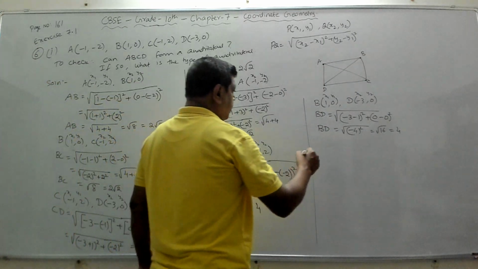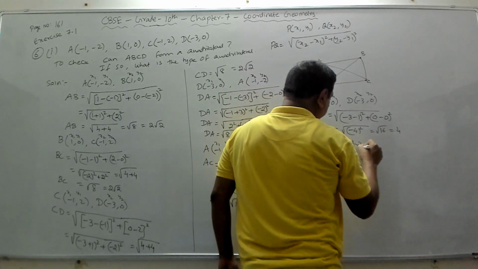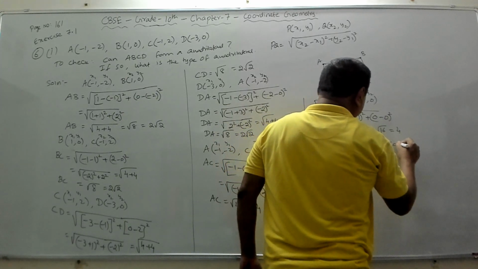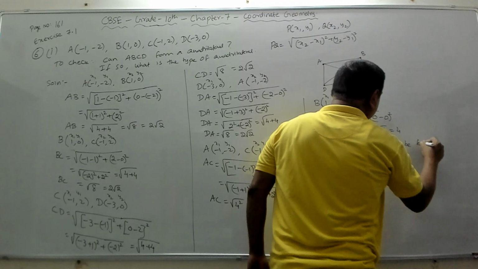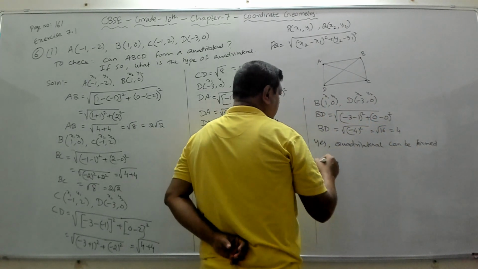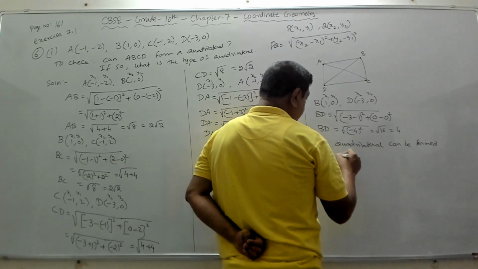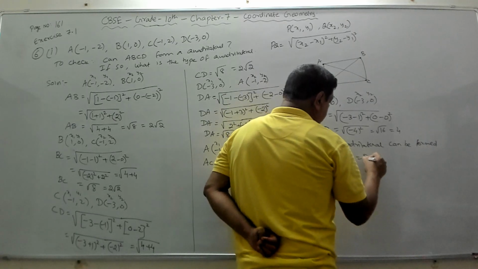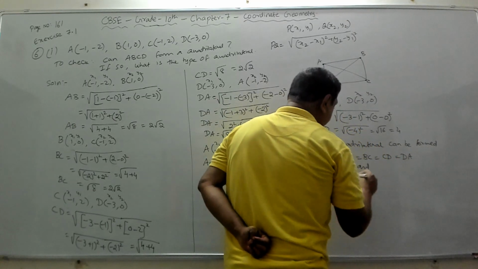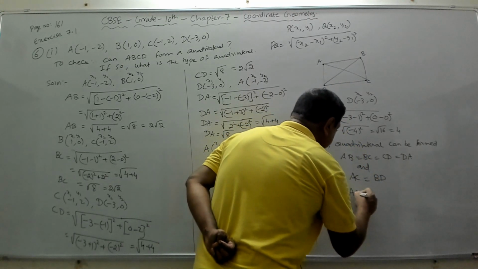So we'll say yes, a quadrilateral can be formed, as the sides AB equal BC equal CD equal DA and the diagonals AC equal BD. Therefore, ABCD is a square.